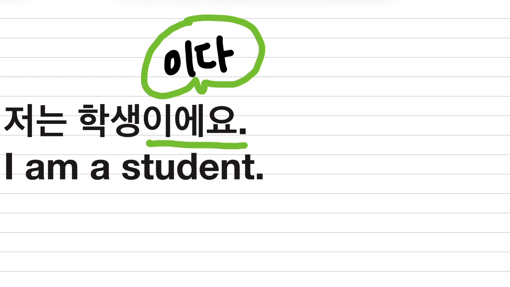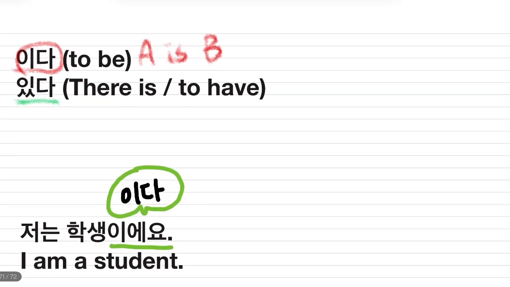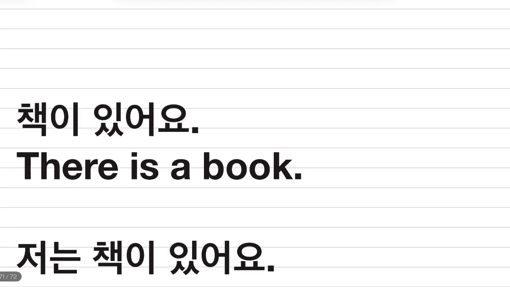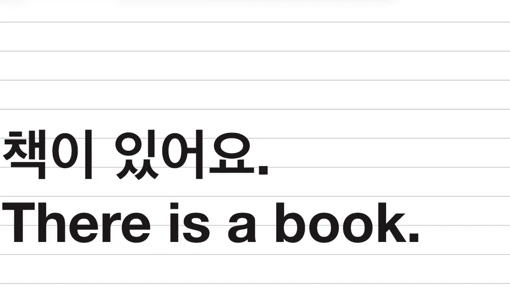Okay, now 있다 has two meanings. Number 1 is there are, like for existence. So for example, like this. 책이 있어요.